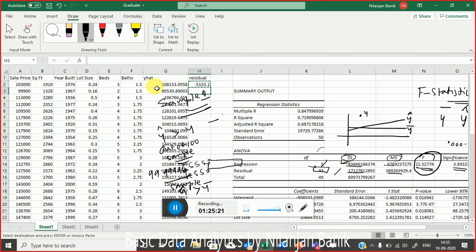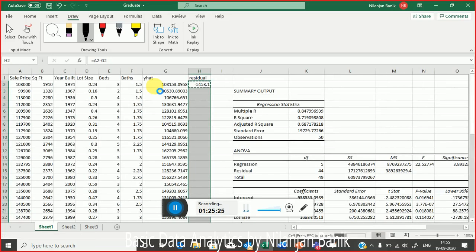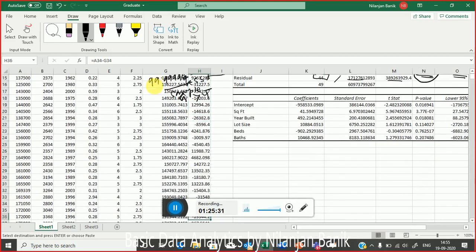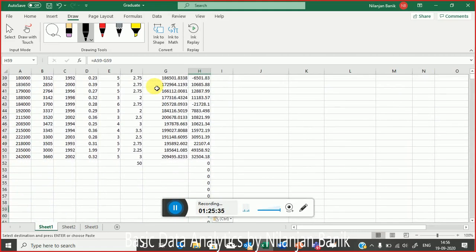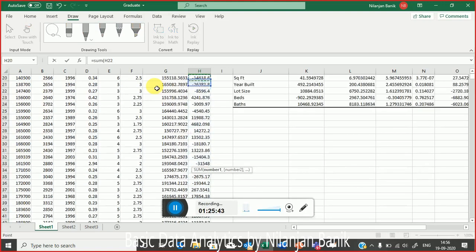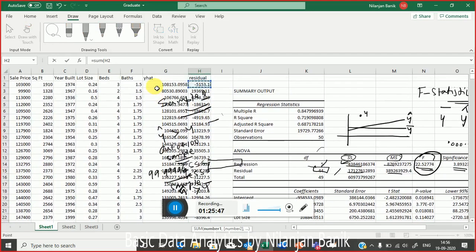And ये आ गया आपका सब रेसिजुअल आ गया, ठीक है. अगर आप इसका सम करते हैं, you take the sum, this should be 0 और क्या?